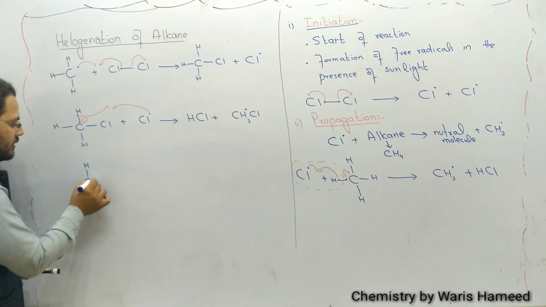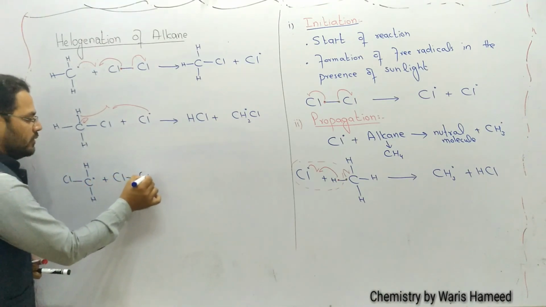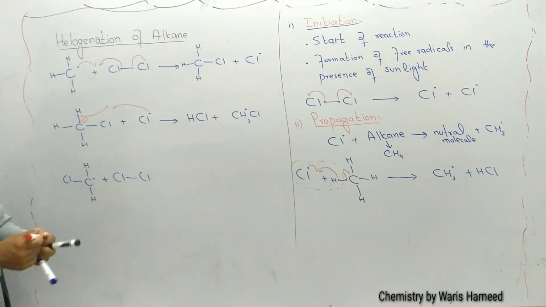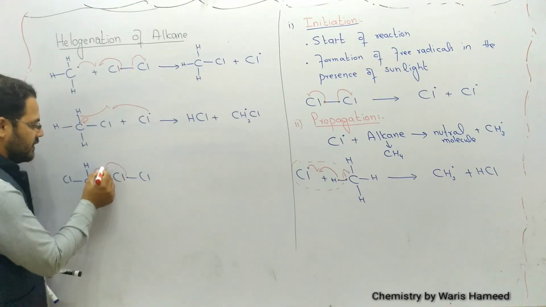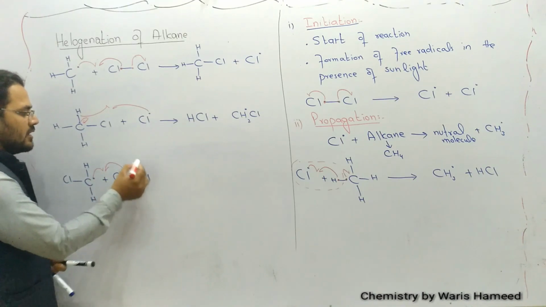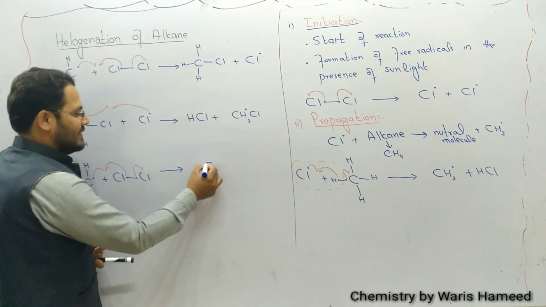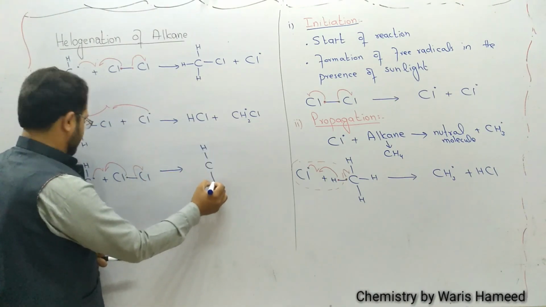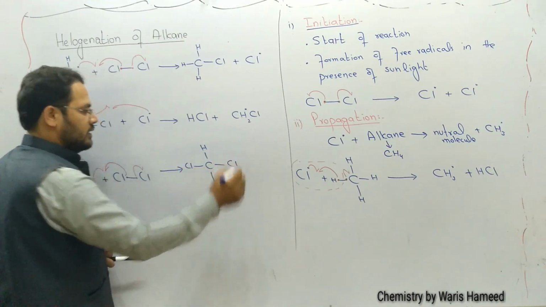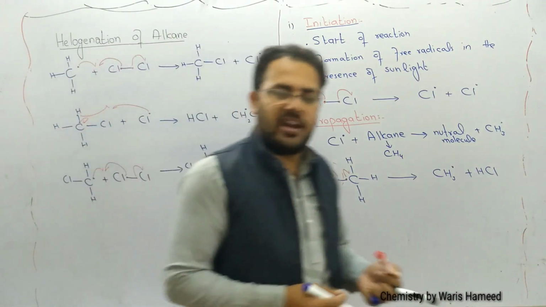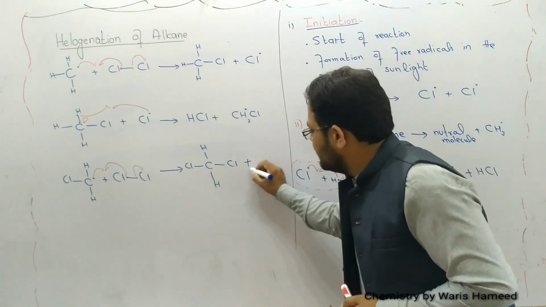Here will be a chlorine molecule. Again this electron will come over here and this electron will be here, forming another chlorine radical. Now it's CH2Cl2, methane dichloride, and there will be the formation of another Cl radical.